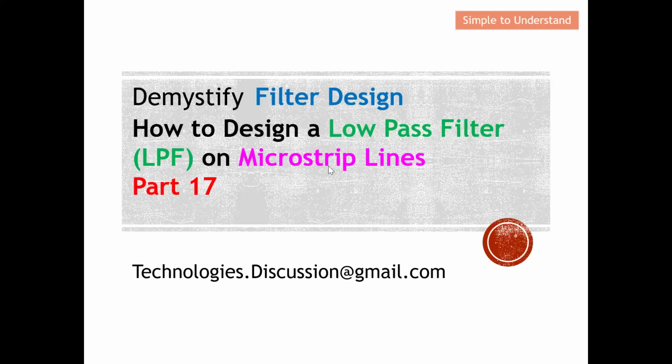So basically, all this will be the objective of this video. From the lumped elements, we convert to a microstrip line, and therefore we have a low-pass filter on microstrip line. This will be part 17 of the series discussion on filter design.